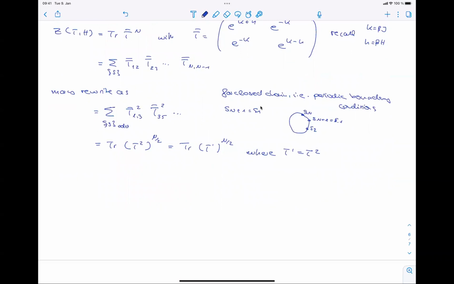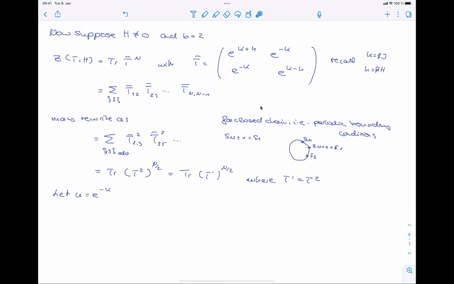So what is now the dynamics of this renormalization? To study this, let me introduce u as shorthand for e to the power of minus K, which you see popping up here, and similarly v for e to the minus small h.